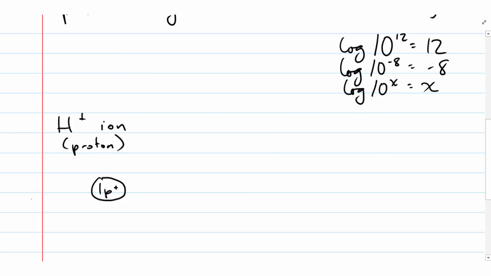Now, here's the problem with the proton. A proton is super concentrated in charge. If we think about the atom, we said that if we blow up the nucleus to the size of a housefly, then the atom would be the size of a large stadium. So there's a huge difference.